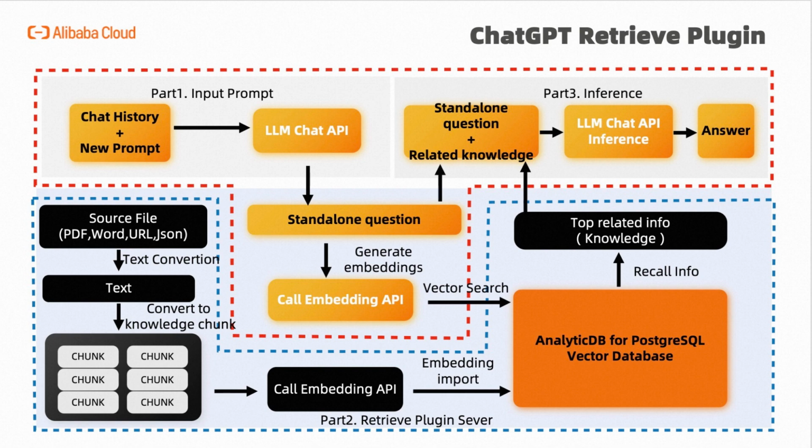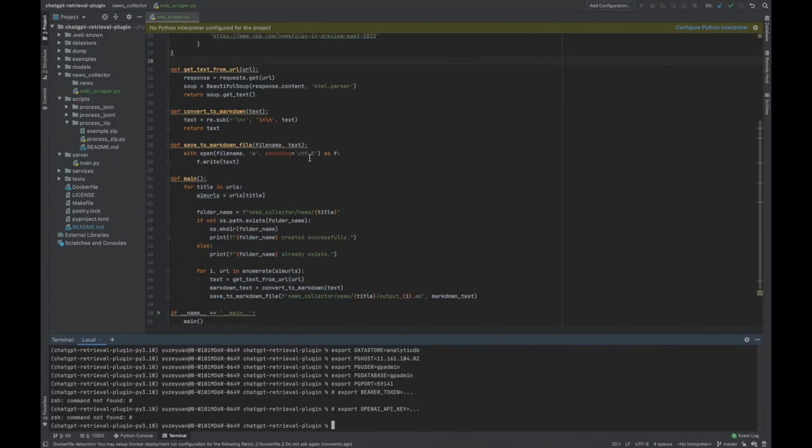This text will also be split into knowledge chunks. Once you have those knowledge chunks, you can call the ChatGPT embedding API to generate the embeddings for them. Or if you already have your own models, you can also use your own models to generate the embeddings. Once the info and the vectors are generated, they can be imported into the ADB PG vector database. So I'm going to show you how things happen here.